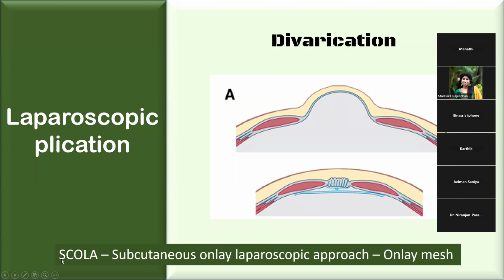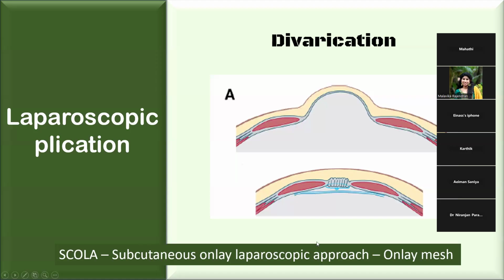And of course, you must have heard of this word SCOLA, subcutaneous onlay laparoscopic approach. The reason I mentioned it, it is very, very commonly mentioned, a million YouTube videos on that, but it is the less preferred onlay mesh method that they use there. So plication may be all right.